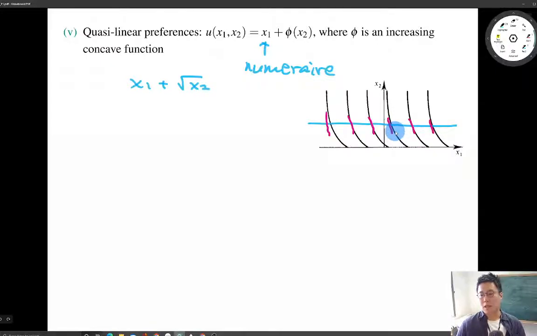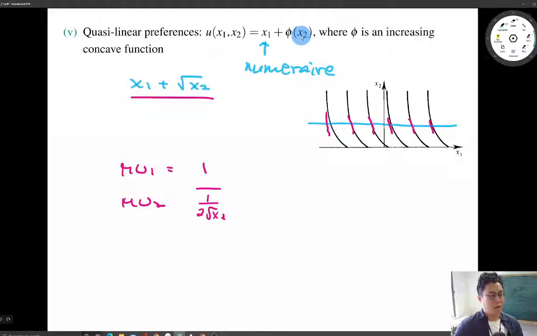That is immediate from the form of the utility function, because MU1 is a constant, and because utility is additively separable, we have x1 here and this function phi is independent of x1. In this case, MU2 is 1/2 square root of x2, so MRS is going to be 2 square root of x2. So it's independent of x1.